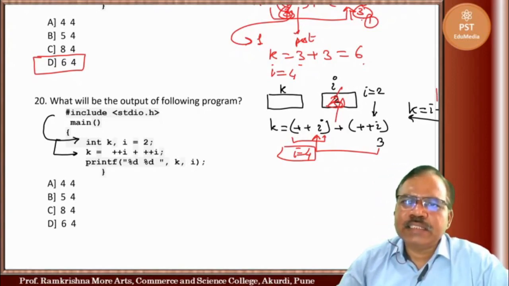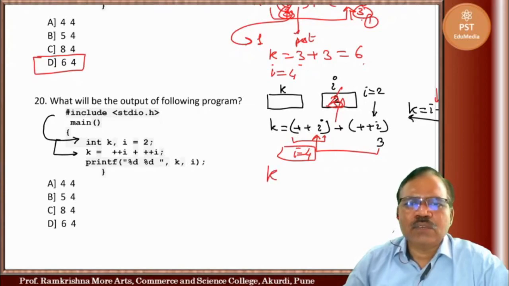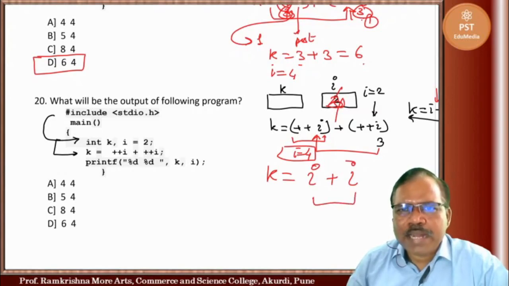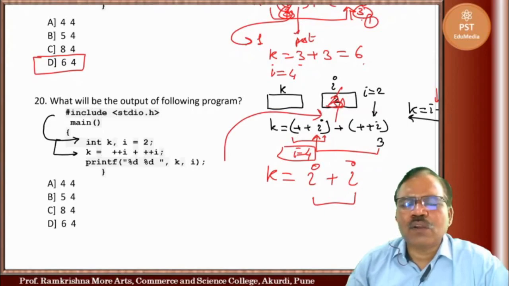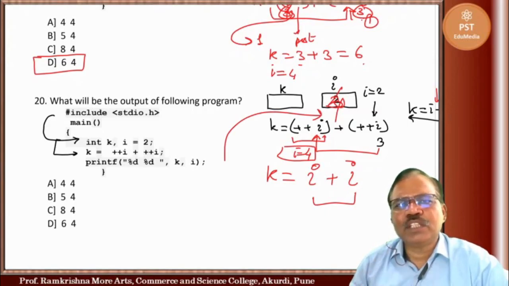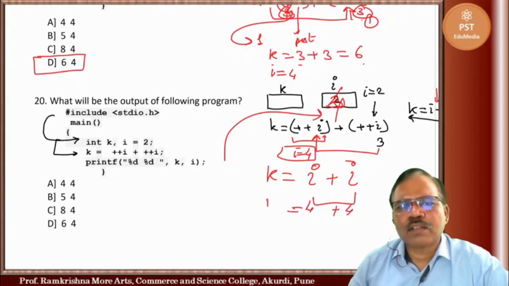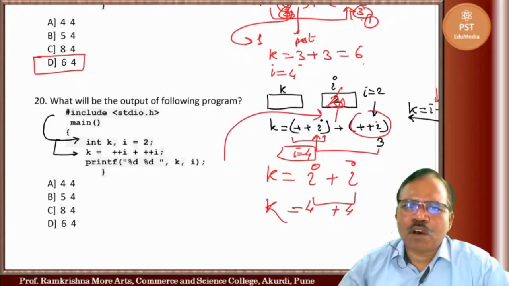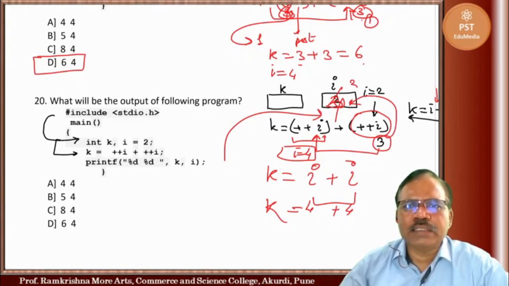And then addition is performed. So k is equal to i plus i, the actual expression. To perform addition, control will go to the memory location and observe the value, which is 4 plus 4. First this one is performed, i is increased by 1, so 3 is stored at the memory location. Then it comes here, pre-increment, so i becomes 4.